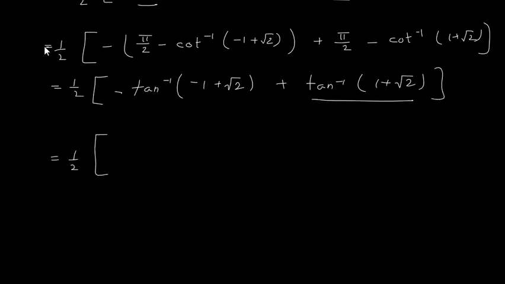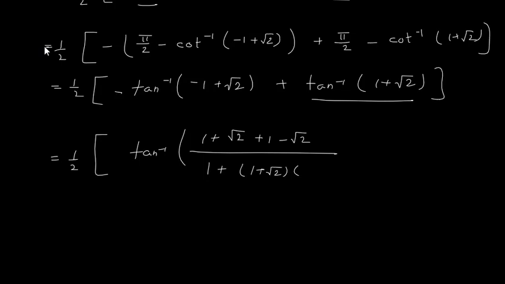Tan inverse A minus tan inverse B is tan inverse of A minus B upon 1 plus AB. So A minus B is 1 plus root 2 minus this minus 1 plus root 2, which will become 1 plus 1 and root 2 minus root 2, divided by 1 plus AB. So in AB we have 1 plus root 2 into minus 1 plus root 2.